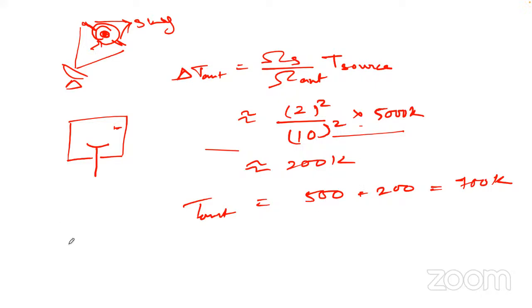So question 3, say now the total temperature, what you will get. We have T sky as 500 Kelvin, correct? T receiver we got as 500 Kelvin again, correct?